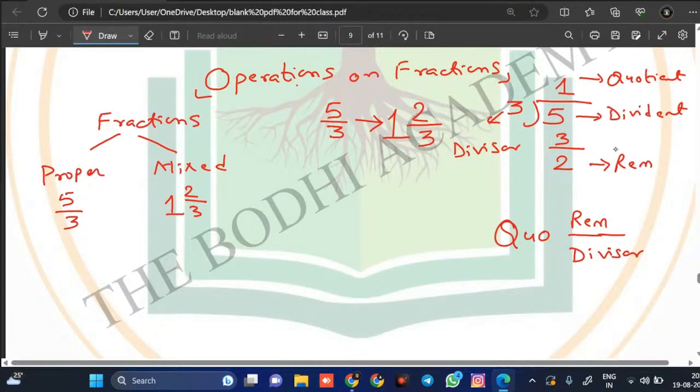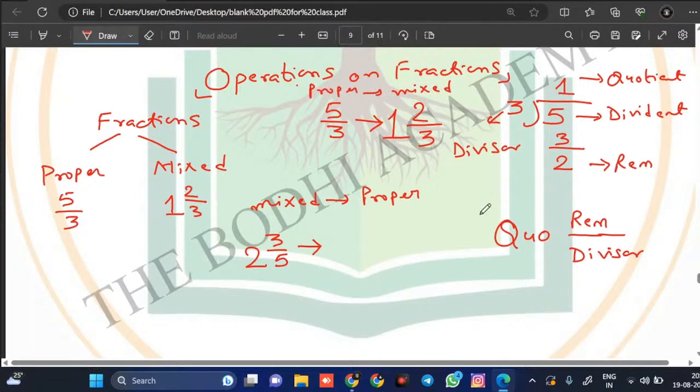Suppose I have been given a mixed fraction, say 2 3 by 5, and the question tells me to convert it. This is mixed fraction to proper fraction, whereas the earlier one was proper fraction converting to a mixed fraction.